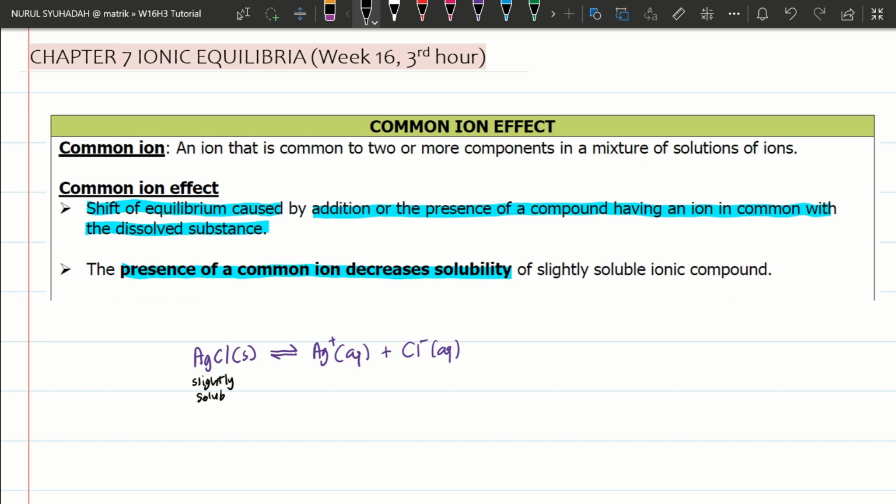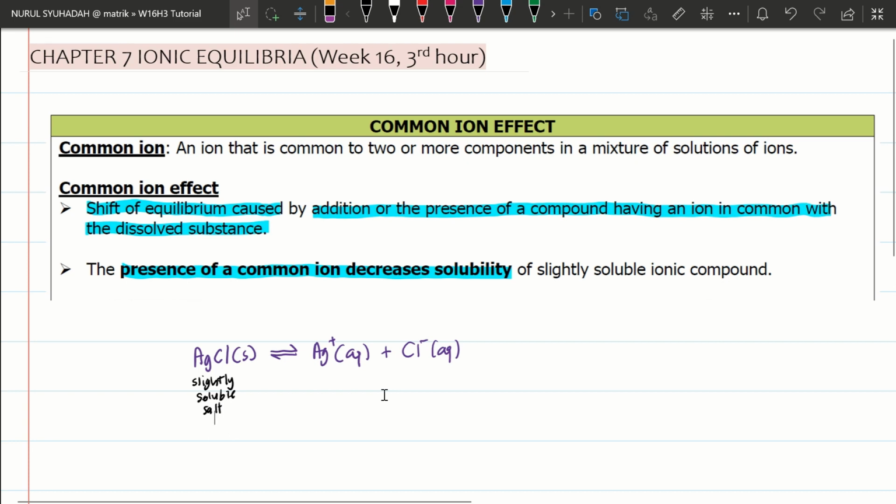Slightly soluble salt. Okay, and now if it's in equilibrium with its ions, kita tahu garam sepatutnya dia akan dissolve completely, dia akan dissociate completely in water, but we have a certain type of salt yang akan dissociate slightly saja. Contoh macam ni lah AgCl.